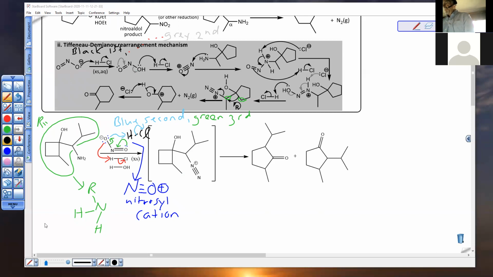I'm going to have a Cl minus lurking here. And what's going on? First step, attack the nitrosyl cation. Pi breaks, becomes lone pair. And then you generate an ammonium. What happens to the ammonium? I think I'm just going to keep it lurking there. Oh, yep, it's going to have a plus charge here.